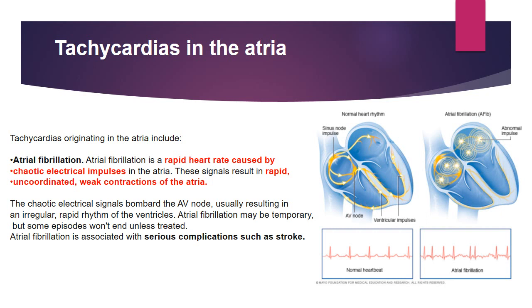Now, the tachycardias, as the word itself means, is a fast heart rate. There are some tachycardias which occur in the atrium, meaning the upper chambers of the heart. When you look at the picture here, the sinoatrial node is supposed to send impulses, and on the right atrium you can see that naturally we have the three paths.